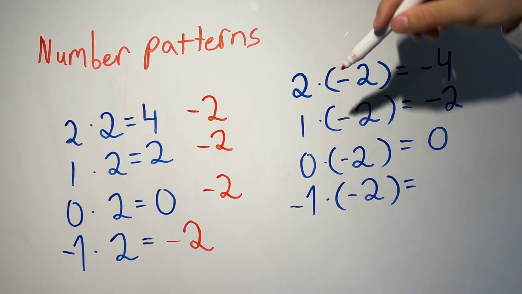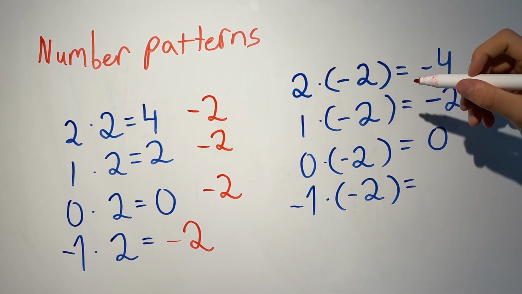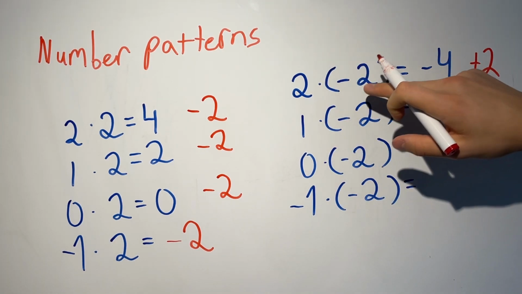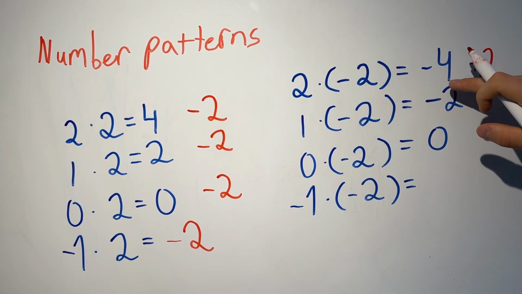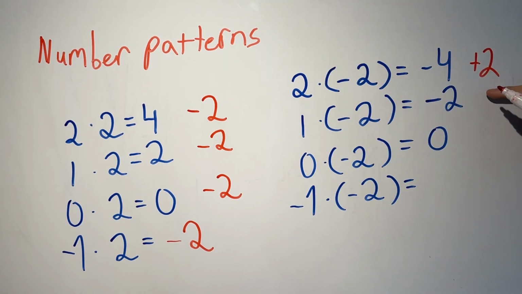And as you can see, here is the same thing, but we're adding a 2. So 2 times negative 2 equals negative 4. When we decrease the first number, we always add 2. But now if we keep going, we are always adding 2.